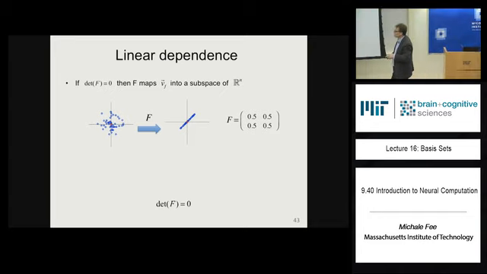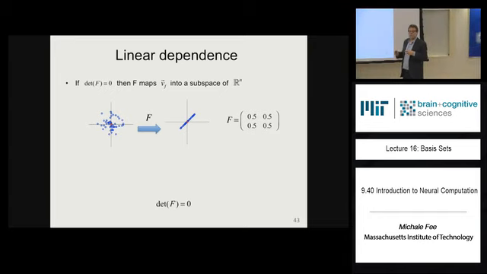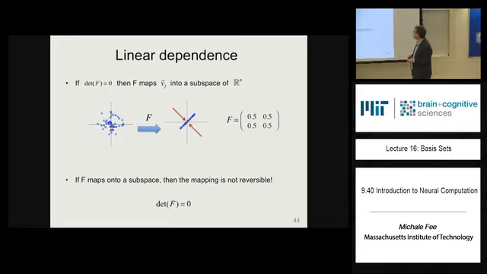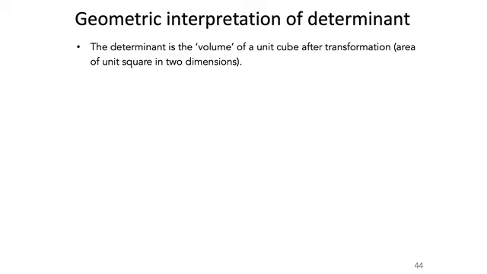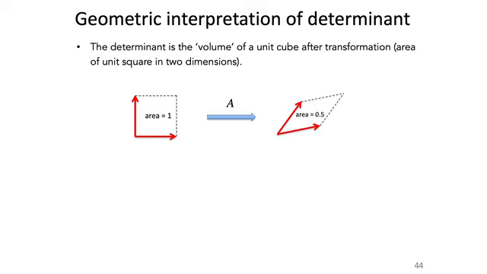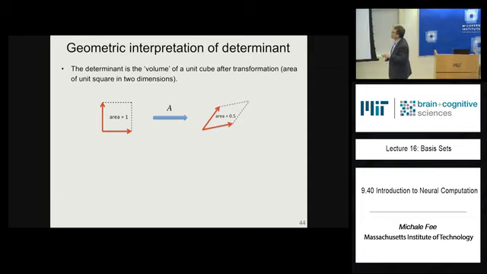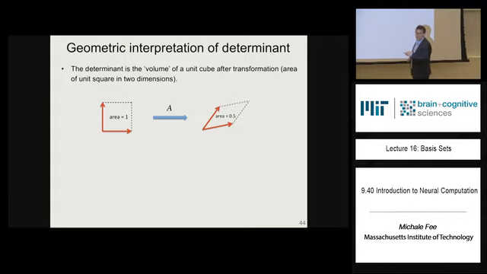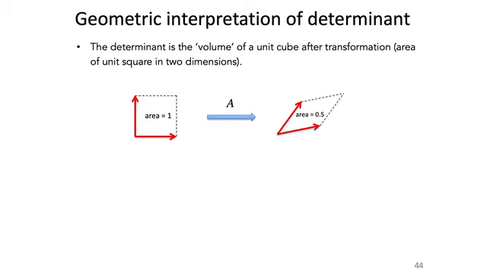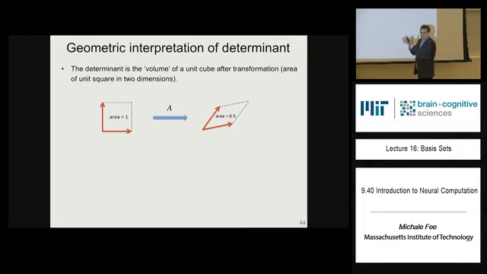All right, let me show you one other cool thing about the determinant. There's a very simple geometrical interpretation of what the determinant is, okay? So if F maps your data onto a subspace, then the mapping is not reversible. Okay, so what does the determinant correspond to? Let's say in 2 dimensions, if I have 2 orthogonal unit vectors, you can think of those vectors as kind of forming a square in this space.